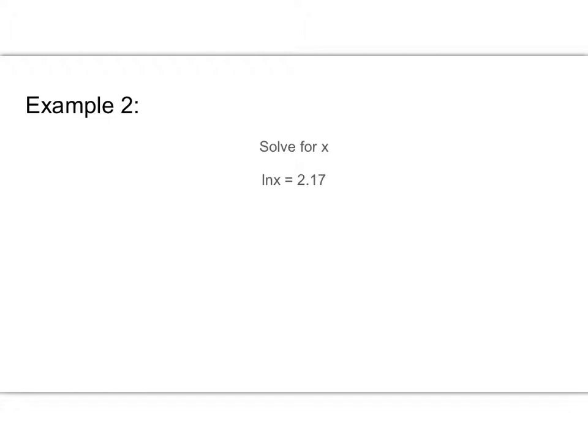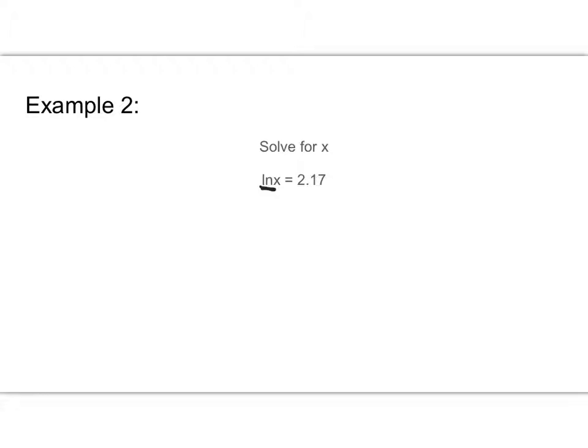All right, so here's another example. I want to solve for x, and I have the natural log of x is equal to 2.17. Well, I have a log, and I need some way of undoing the log in order to get rid of the log from the value x. Just like when I had log of x equals 2, I had to use an exponential base to get rid of it.